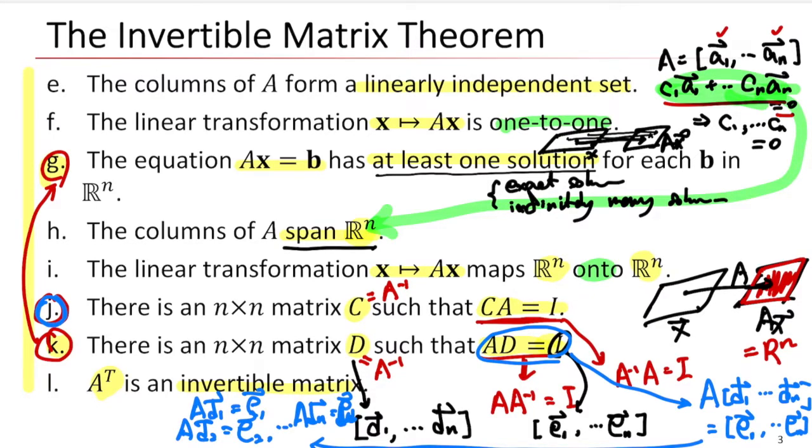So it means that each of these equations has at least one solution, right?